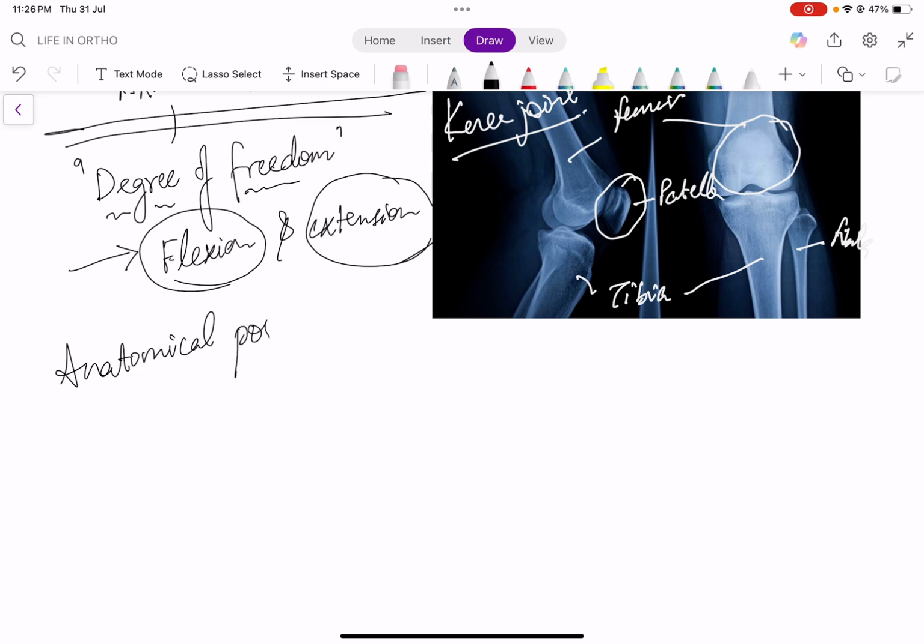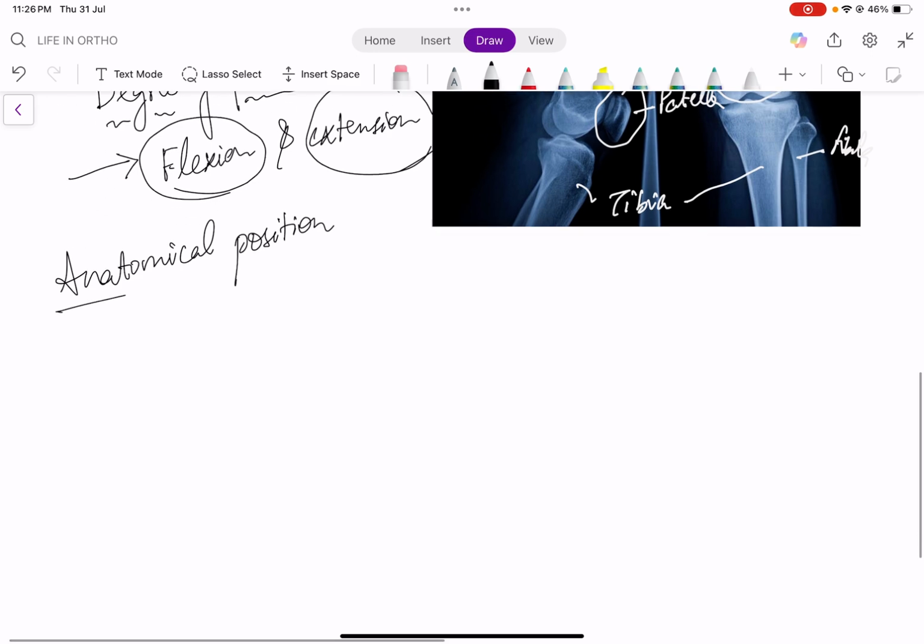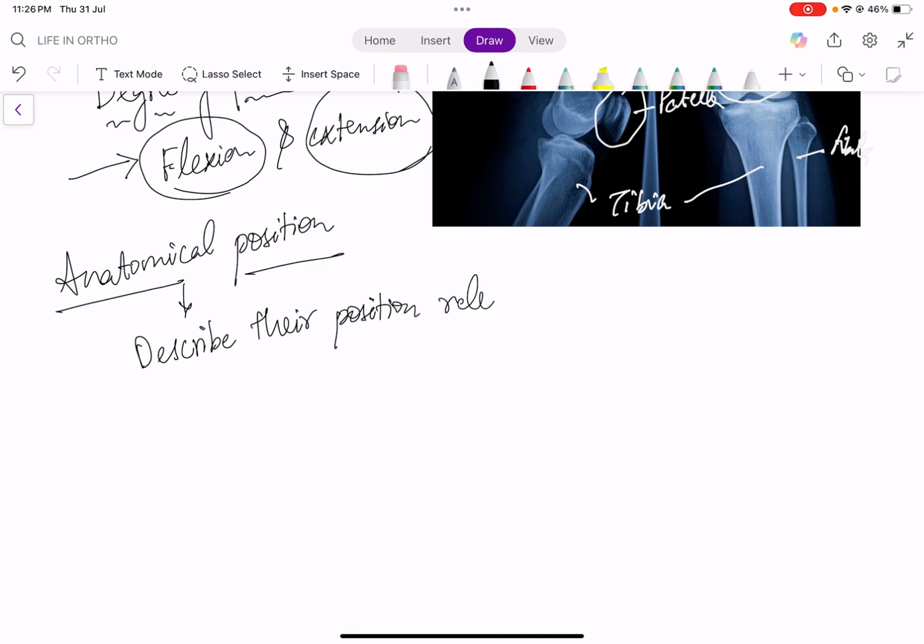You must have read in your anatomy that there is an anatomical position in which all organs and structures are aligned in such a way that you can describe their position relative to, again I said, the axis.